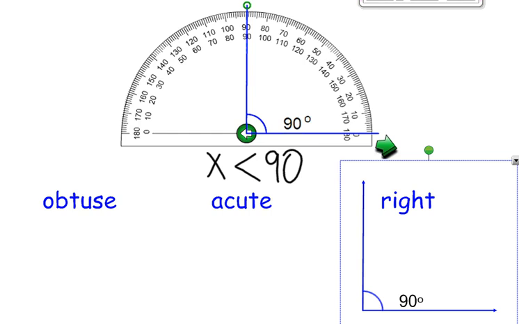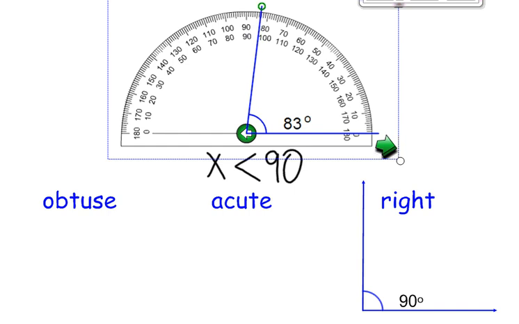And so looking at the picture, we can see that as I move to the right, you can see the numbers decreasing. So any of these numbers all the way down to 1 are going to be acute angles. So 1 all the way up to 89 are acute angles.